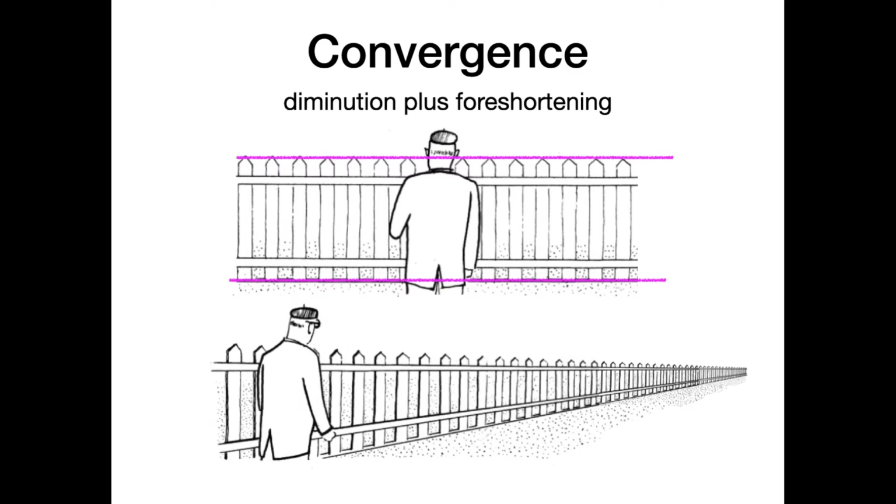But if the observer turns, so he's looking at that fence at an angle, the top and bottom lines, if extended far enough, appear to converge. Notice that this convergence relates directly to the diminution of the pickets as they recede. Furthermore, the true length of the fence no longer appears, but is instead foreshortened. We can see a whole lot more of this fence than we could when looking at it straight on, because it is foreshortened and appears shorter.